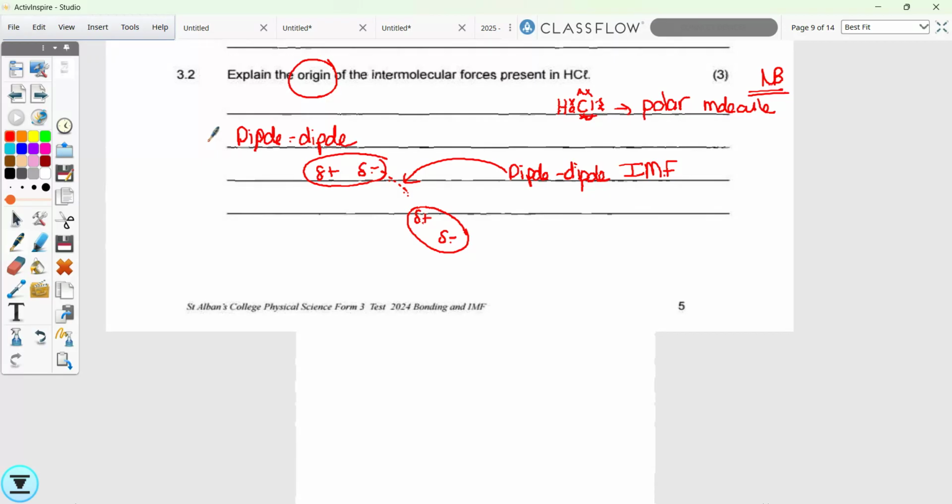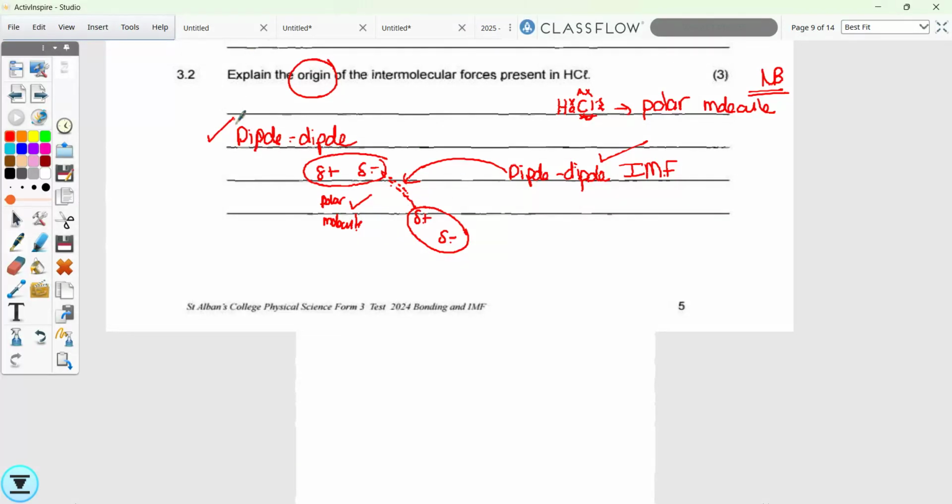It's 3 marks. For saying that it's a dipole-dipole IMF, you get a mark. For showing the delta positives and the delta negatives, so that's your polar molecule, that's the other mark. And for showing that the dipole-dipole IMF is between the delta negative of the one molecule and the delta positive of the other molecule, that's your other mark. Yes. So, ma'am, we have to support this answer with the diagram? You don't have to.